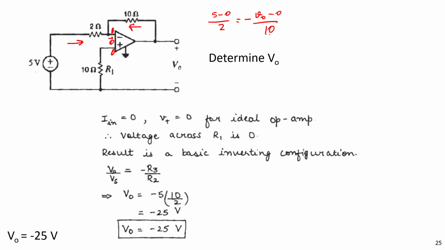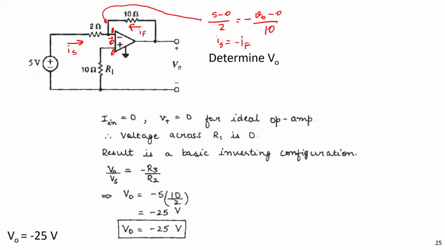We can take KCL at this node as well, right? This is IS and IF, for example. IS equal to minus IF, right? Plus together, we can solve from the equation as well. We get the same thing, right? We resolve from that equation, in KCL with op-amp property.